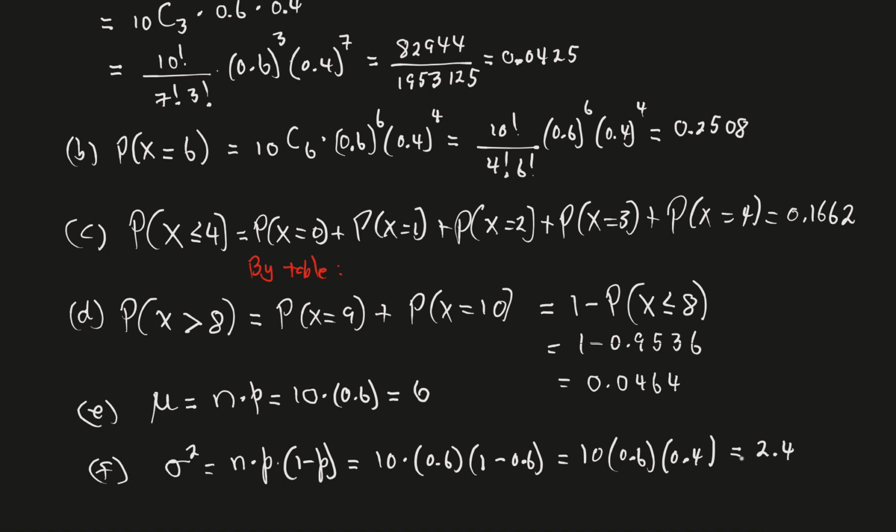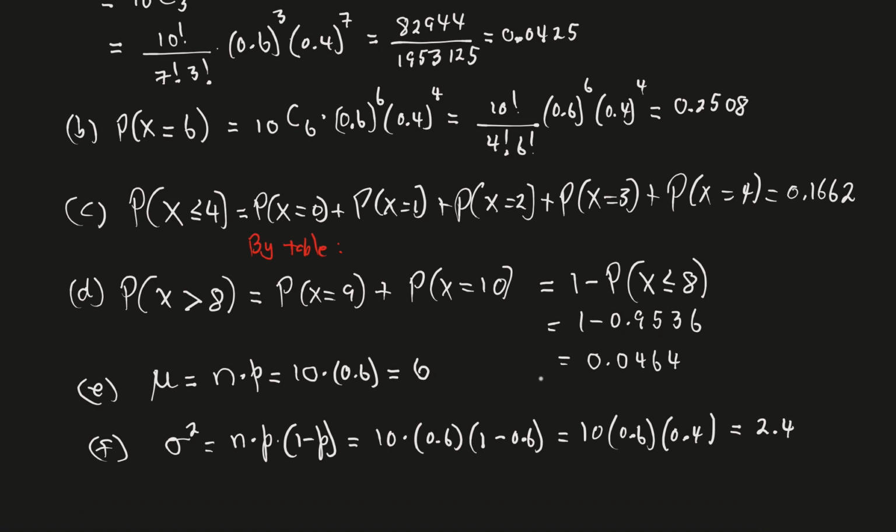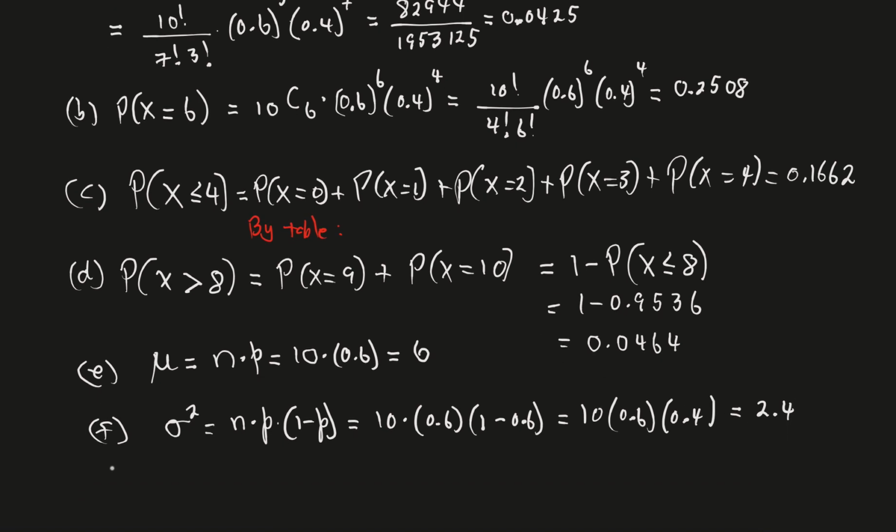And then the standard deviation, of course, is the square root of this. And 2.4 is not a perfect square. So when I go to take the square root of this, again, let me write out the formula. So this is what you'll see and you can use.